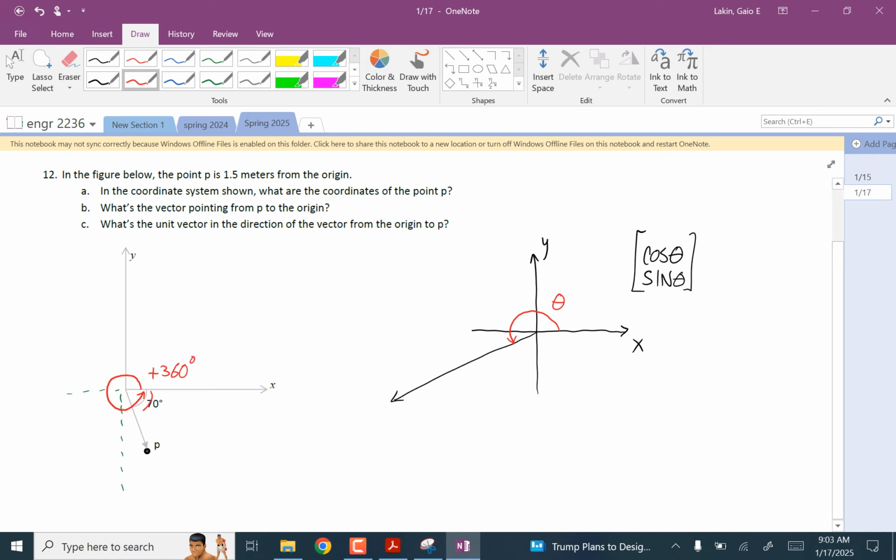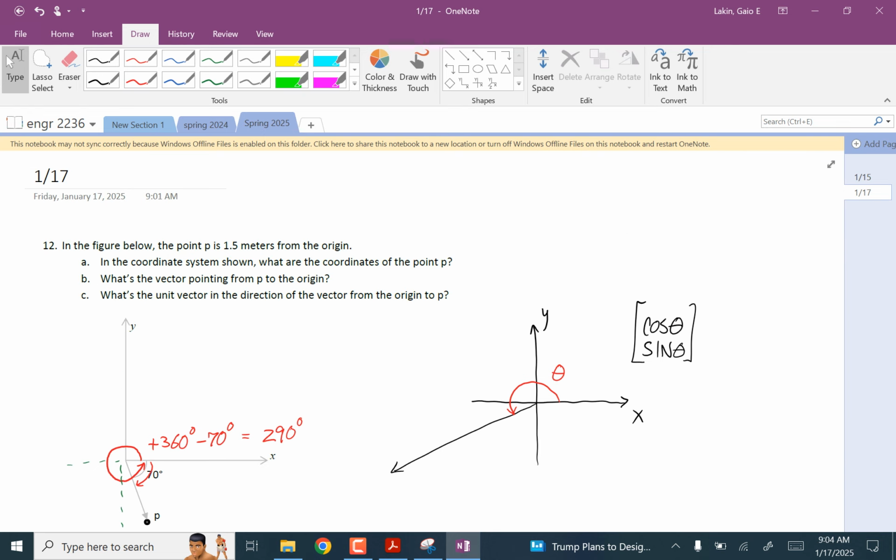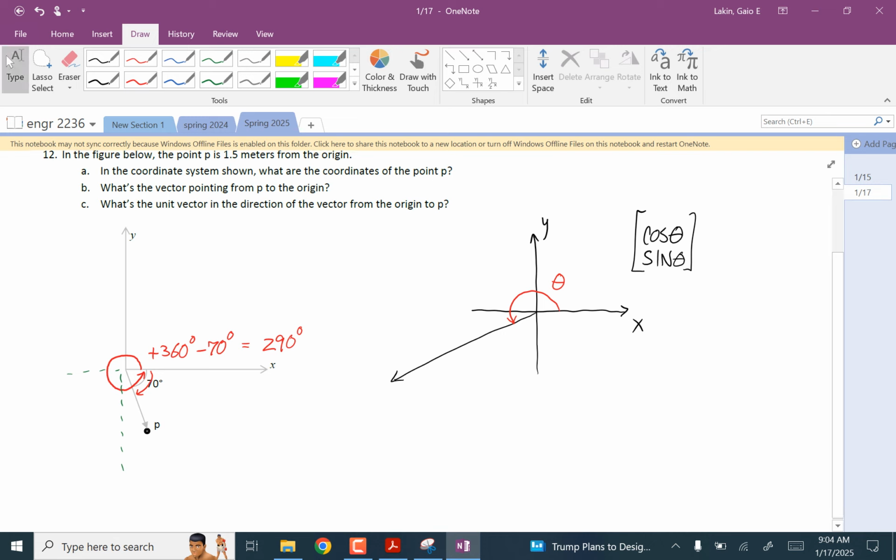But then we have to backtrack 70, so minus 70. And so that total counterclockwise angle from the x-axis is positive 290. That distance is 1.5. So this vector is 1.5 times the cosine of 290, 1.5 times the sine of 290.